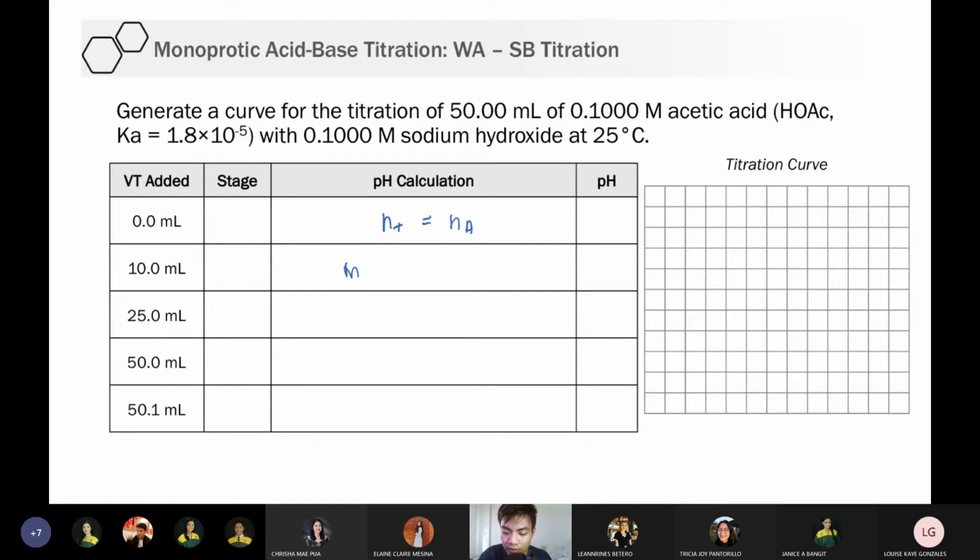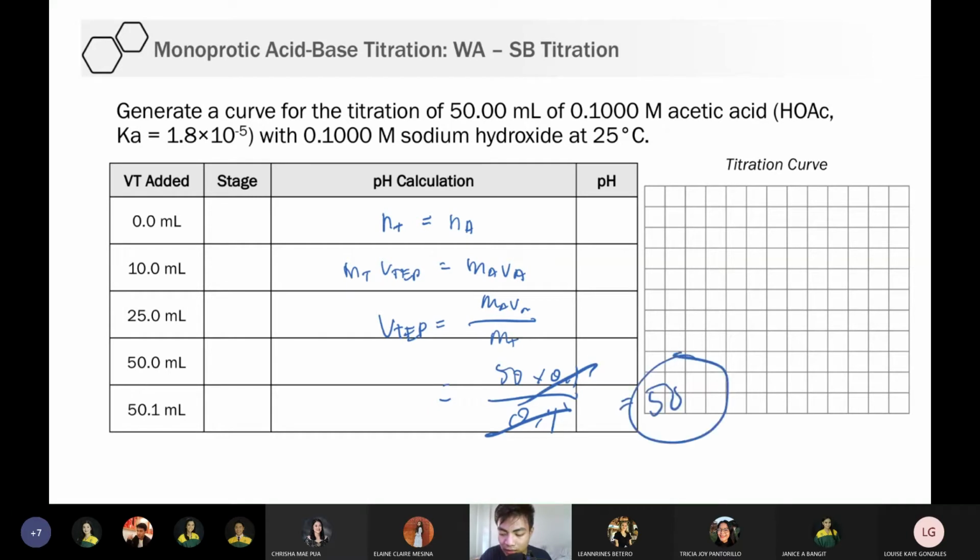That's MT VTEP equals MAVA. So VTEP is MAVA over MT. Plug in 50 times 0.1 divided by 0.1, cancel 0.1, same lang naman. So VTEP is 50 ml.